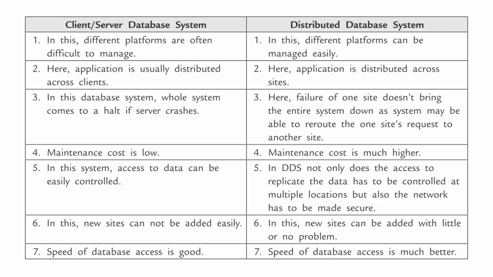Talking about system failure, for client server, if the server crashes, the entire database system becomes inaccessible. Meanwhile, for distributed, the system is more resilient to failures. If one site goes down, other sites can continue operating and may be able to request from the failed site.